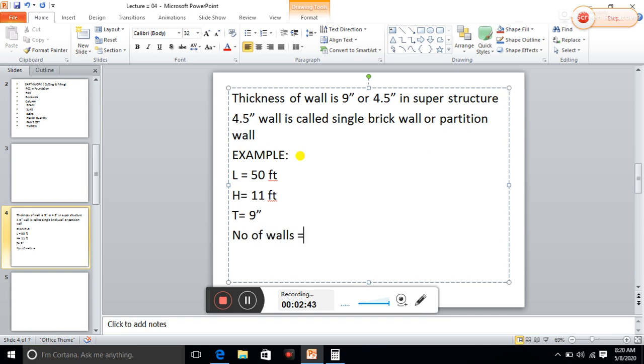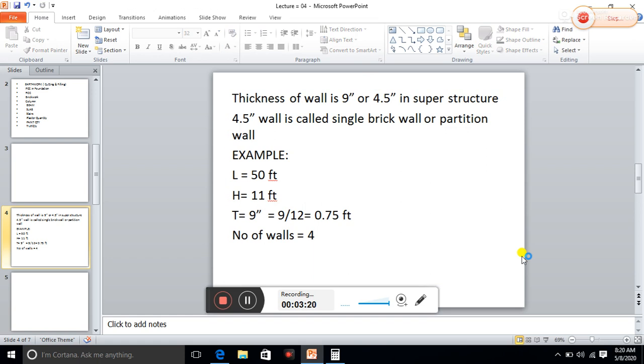We have a room and the number of walls is equal to 4. Thickness of wall is 9 inches, so we will convert inches into feet by dividing by 12. So 9 inches divided by 12 is equal to 0.75 feet.